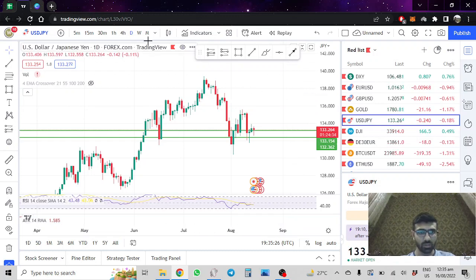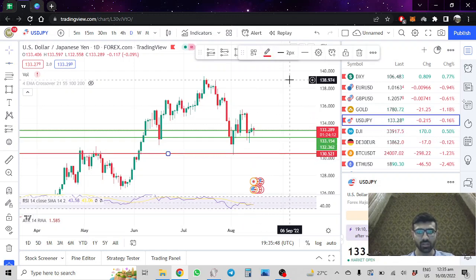What I am looking at in the daily is that it is still bullish and it has not broken its recent low, which is this area. So if I mark a good resistance zone for the daily, it would be over here.